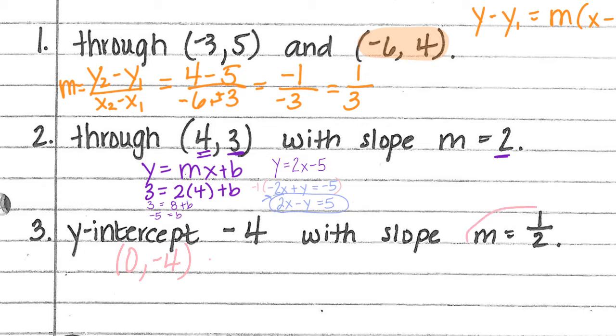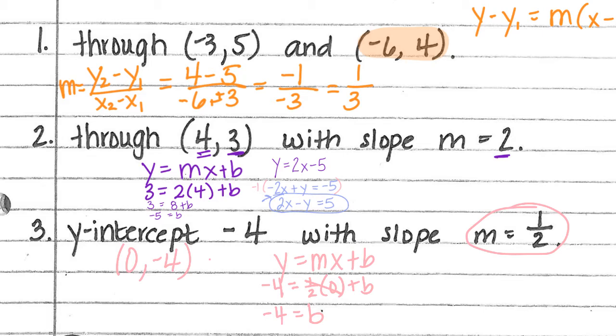The slope is 1/2. Since x is 0, I'm going to plug it back into y equals mx plus b because that's going to make my life super easy, because the y is -4. The m is 1/2, but because of that 0, it's going to be canceled out. And b is equal to -4.